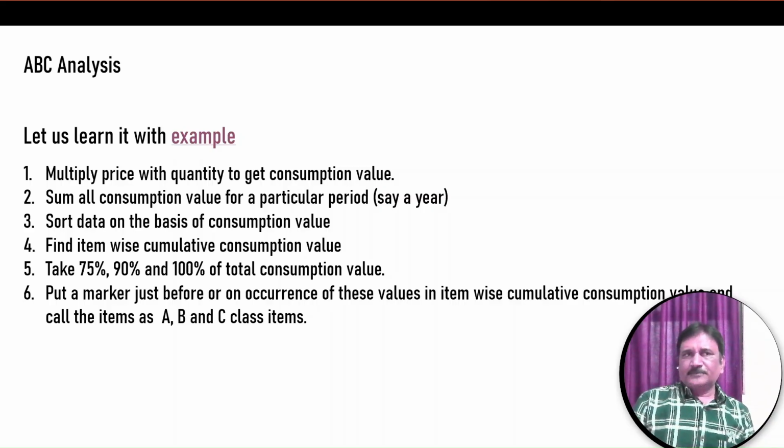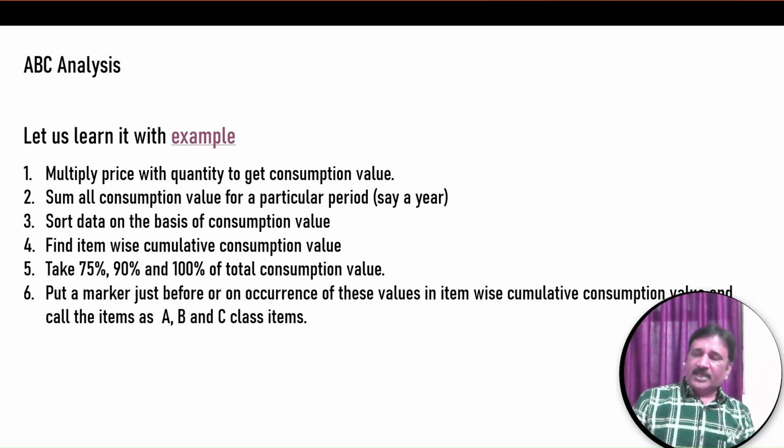As far as inventory is concerned, there are 10% of the items which will be building 75% of the inventory in terms of consumption value. In 100 items there will be just 10 items which will be costing 75% of the total cost, or 75% of the total consumption value.